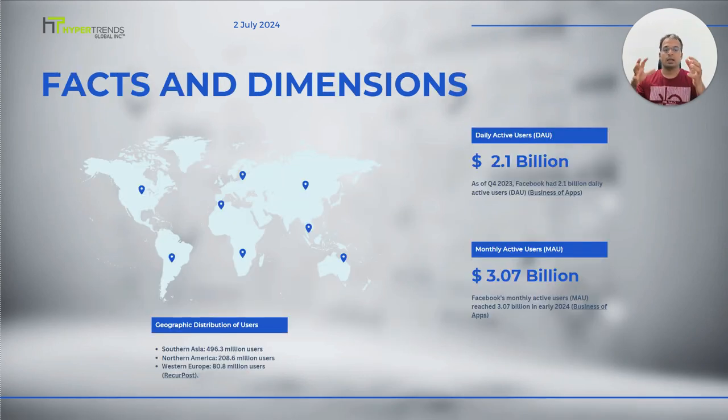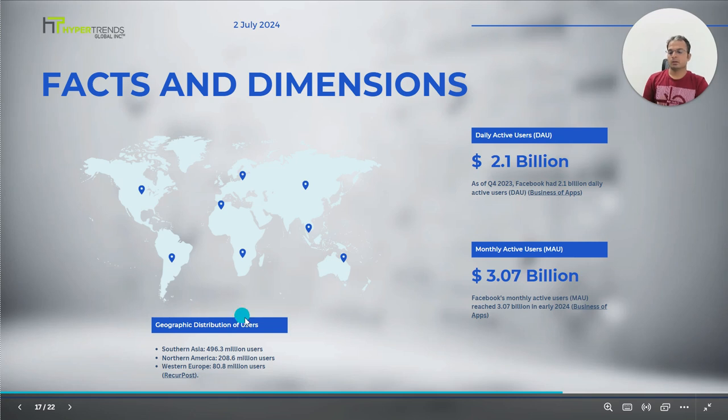But again, I want to share some data here, right? So how distributed systems actually work, because in reality the users of Facebook are distributed everywhere. If we talk about the Southern Asia region, then there are around 5 million users.